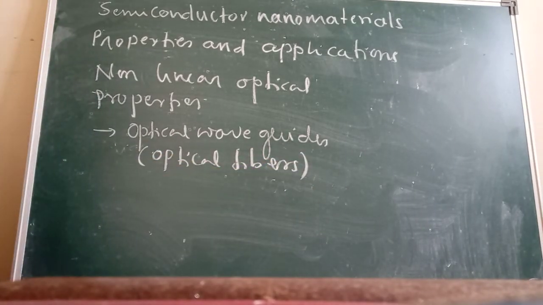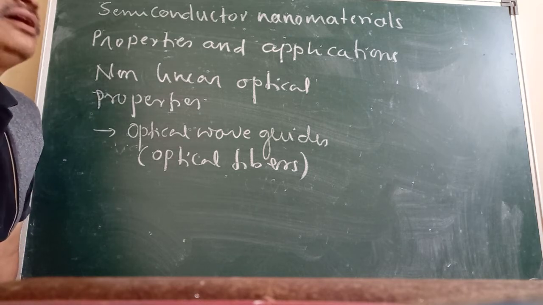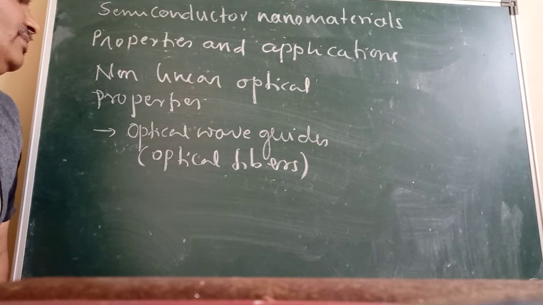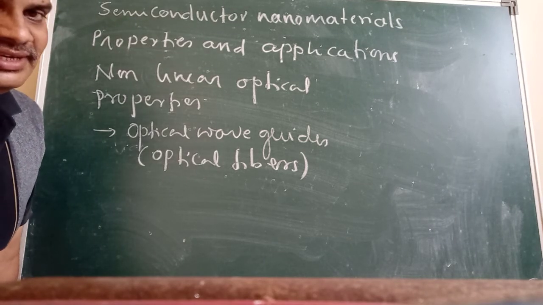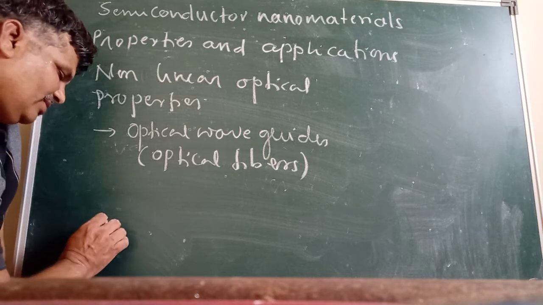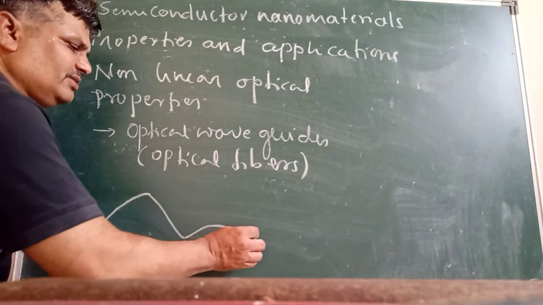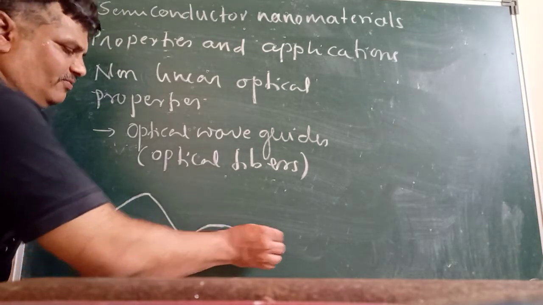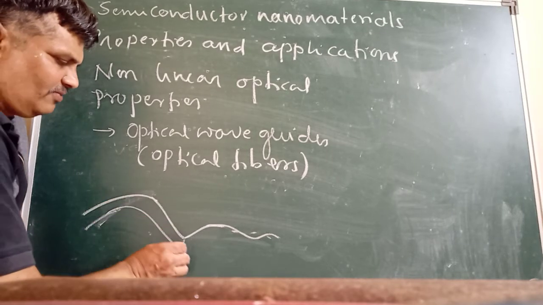Semiconductor nanoparticles or nanomaterials are very useful in nonlinear optics. Why nonlinear? In the case of an optical fiber, we know it is laid somewhere, going like this in many places.